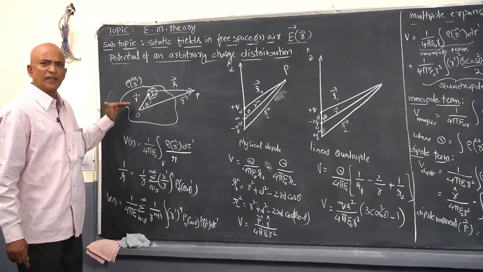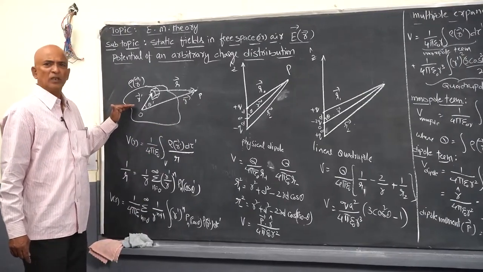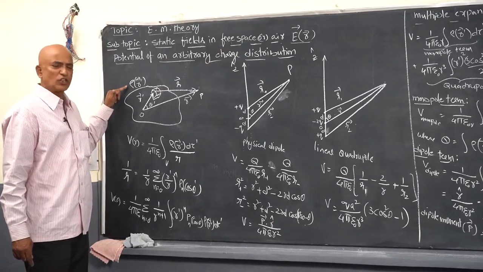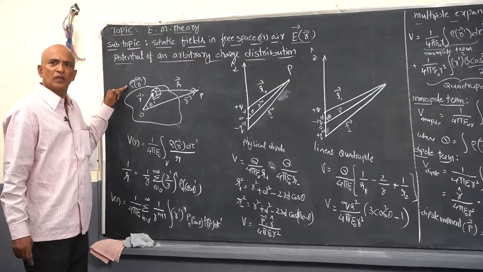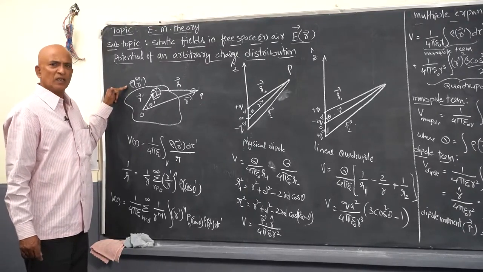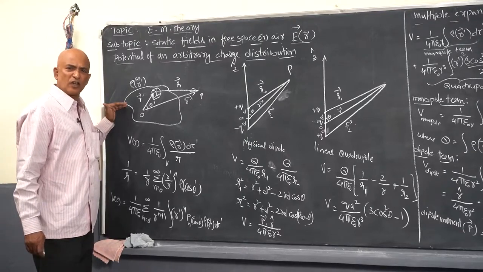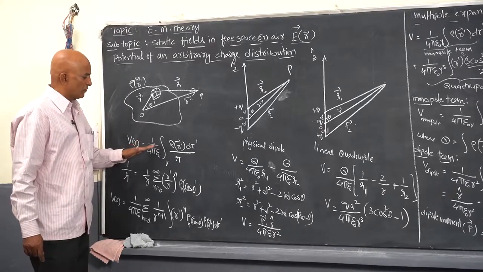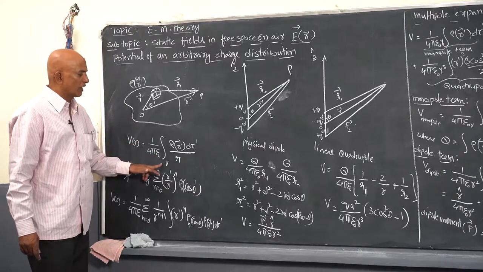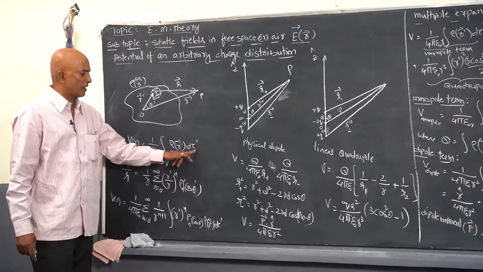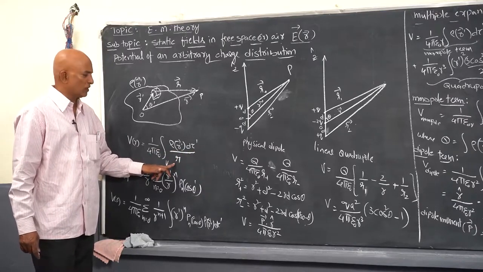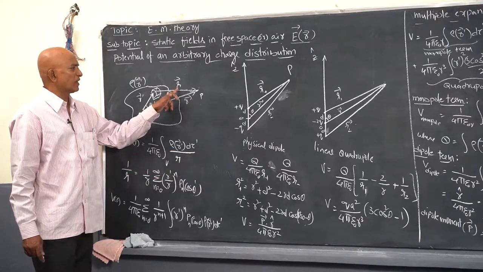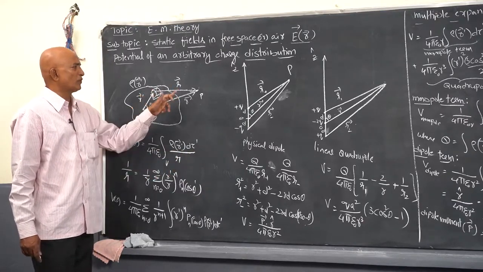So I considered a volume charge distribution having charge density rho of r prime. Then for this continuous charge distribution, the potential is given by 1 by 4 pi epsilon naught, volume integral of rho of r prime d tau prime by script r, where script r is the separation vector from the source point to the field point.